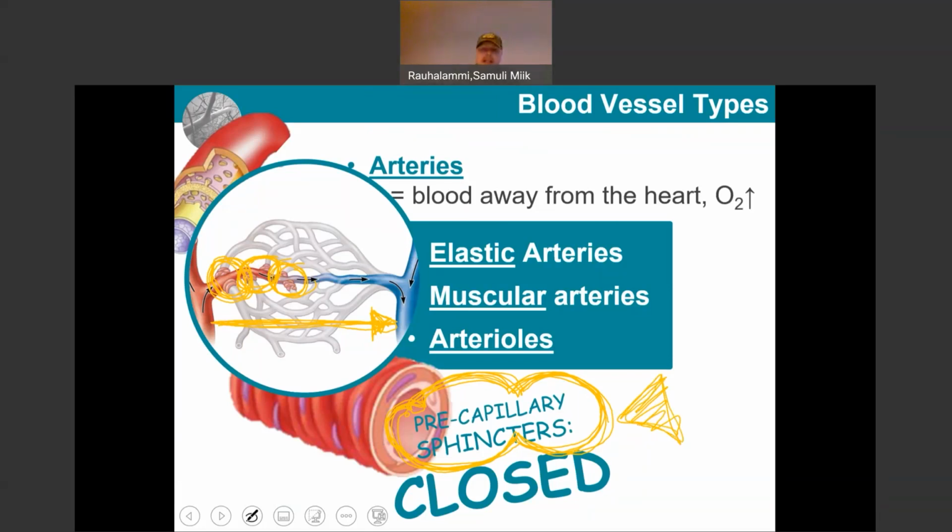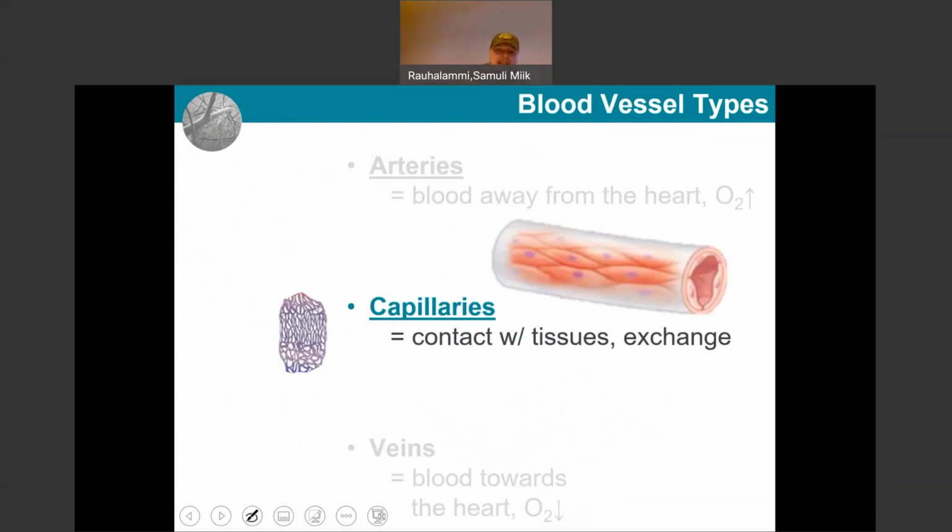And that brings us nicely to talk about the capillaries. You remember that capillaries were the smallest of blood vessels that we saw when we compared these. So these are microscopic small vessels. The diameter of a capillary can be as small as only about one red blood cell. So only one red blood cell might be squeezing through a single capillary at a time.